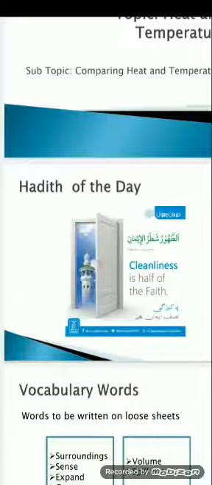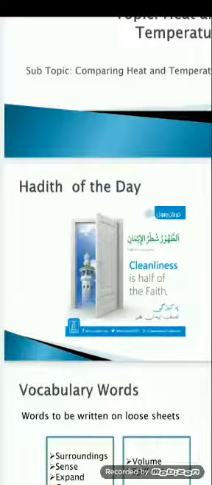We Muslims are required to take care of our personal hygiene. We need to ensure that we are well groomed and that our bodies, our clothes, our houses, and our surroundings are also clean.